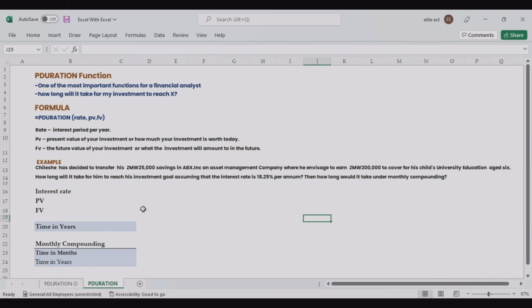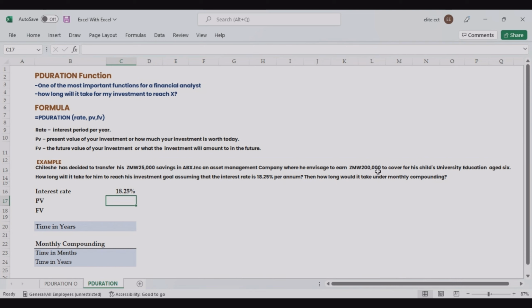From this, what we know is our interest rate is 18.25%, which is our interest at the end of a year, so annually. Then, how much are we investing today? Fletcher is investing 25,000 kwacha, expecting to earn 200,000 kwacha.